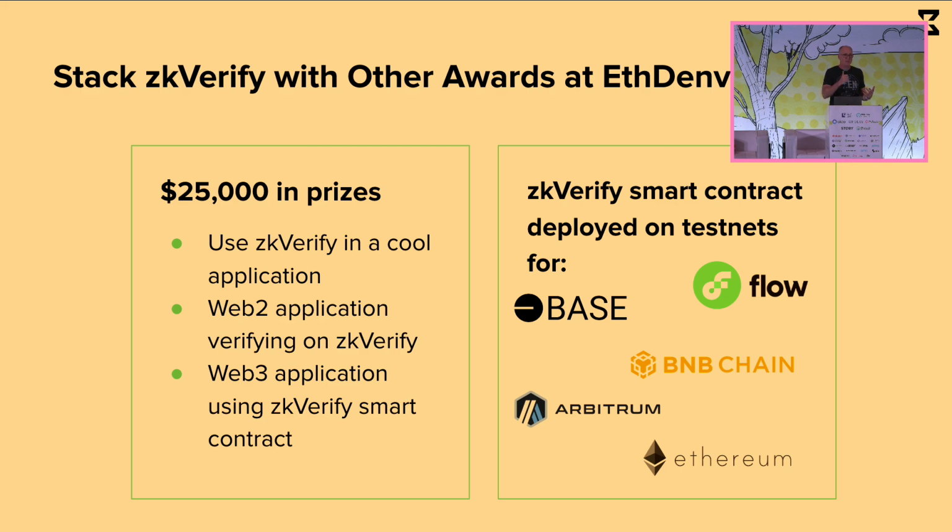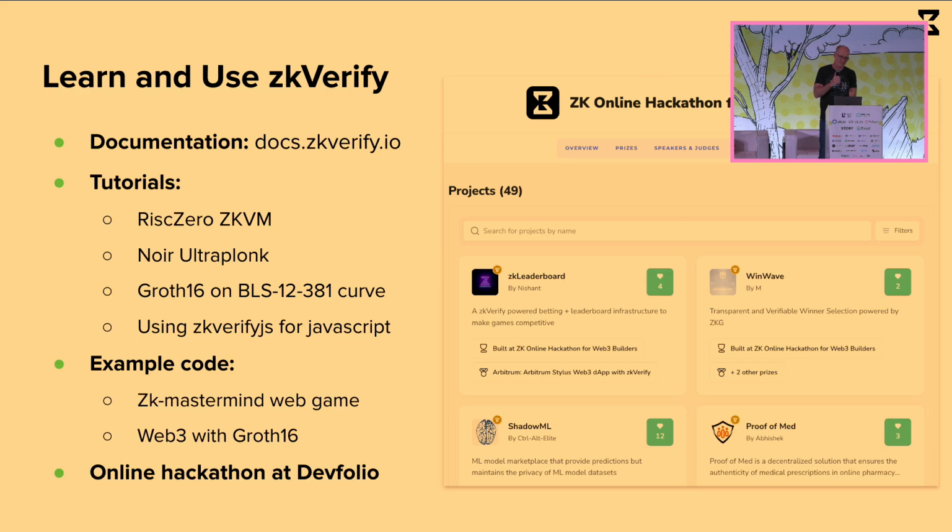We have lots of people that can help you, and specifically this week, we deployed our zkVerify attestation smart contract onto other sponsors, so you can stack prizes. You can stack prizes with Flow, with Base, with BNB Chain, Arbitrum, or Ethereum. So not only can you do ZK proofs and get prize money from us for a good project, but also from these other projects as well. So we want to help you be successful with that.